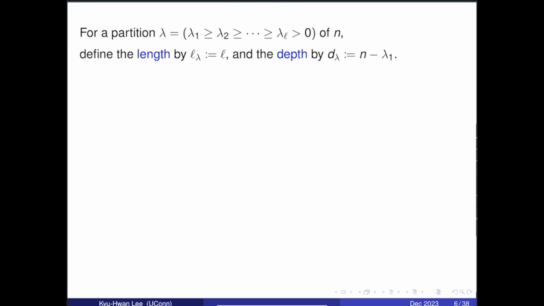If we have a partition like this, then the length of this partition is l, the number of positive parts. Then the depth of this partition is n minus lambda 1. So lambda 1, the biggest part, is subtracted from n. That's the depth, d lambda.